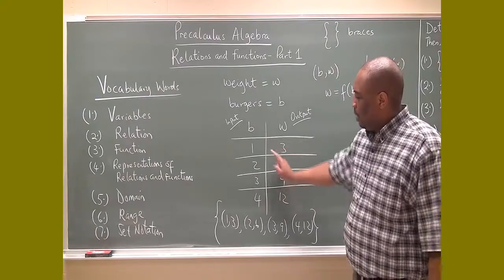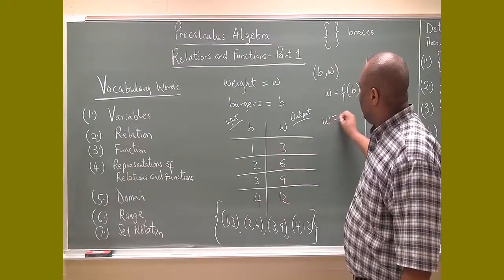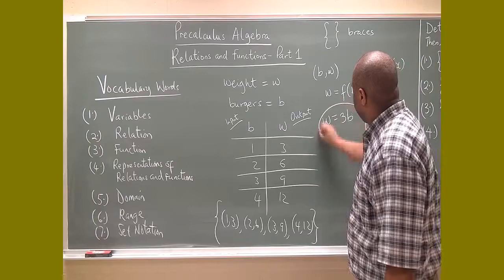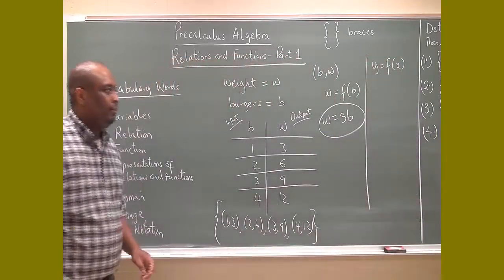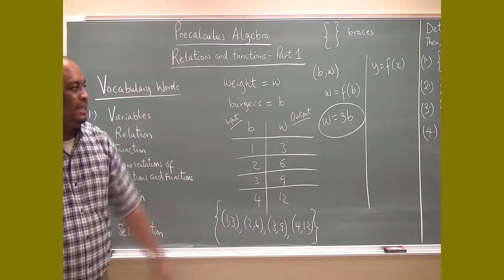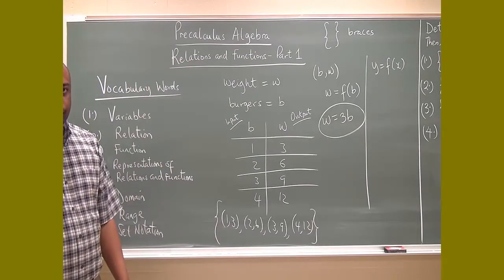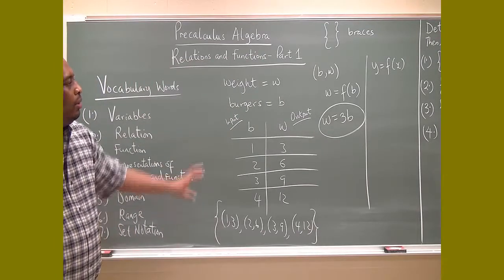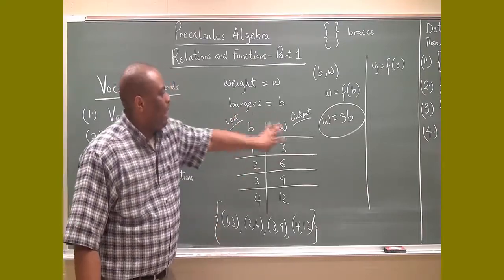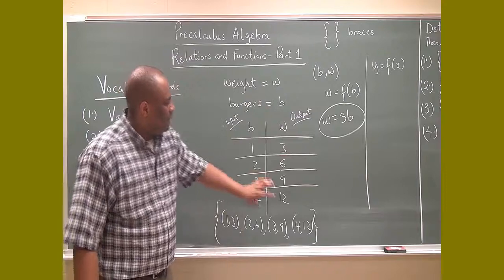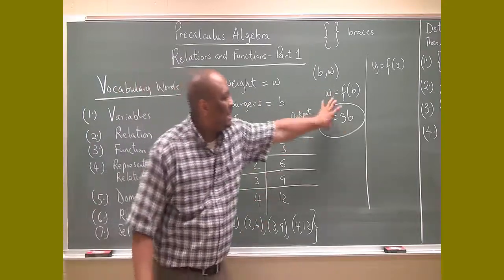If you look at this, we notice that W is equal to 3B. This is an equation. So this set of input and output, you have represented as a table, as another set, as an equation.